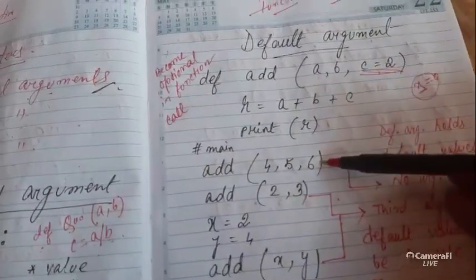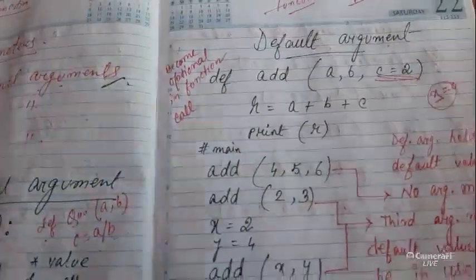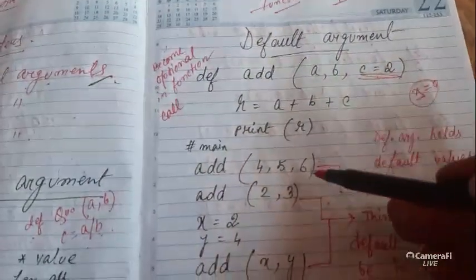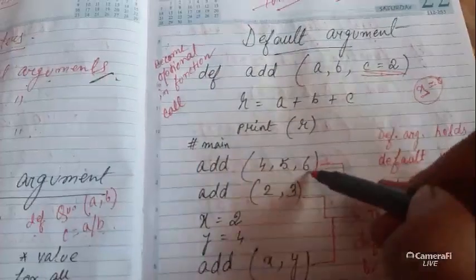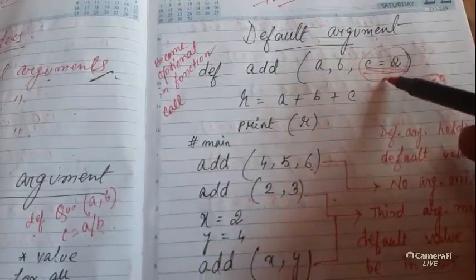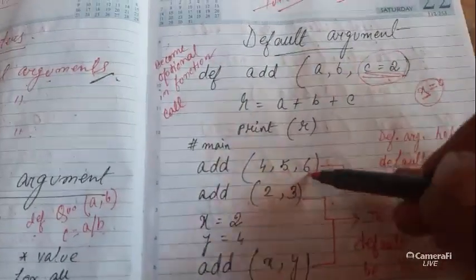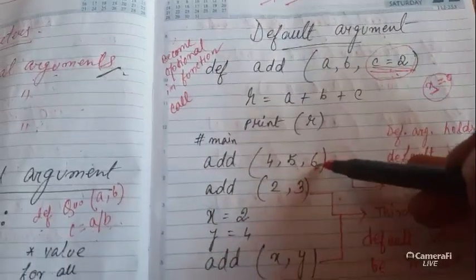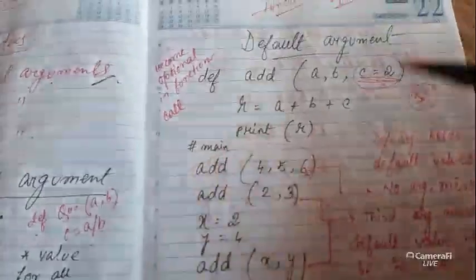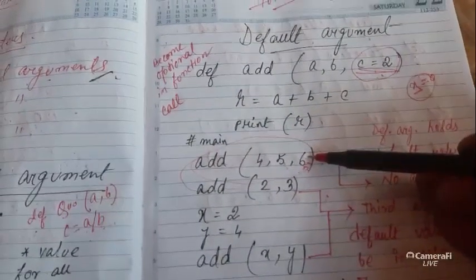But here is one point you have to note down: when we are sending a value for the default argument from the calling area, that sent value will be used. Again I am repeating, this value will be used, that you have to remember.